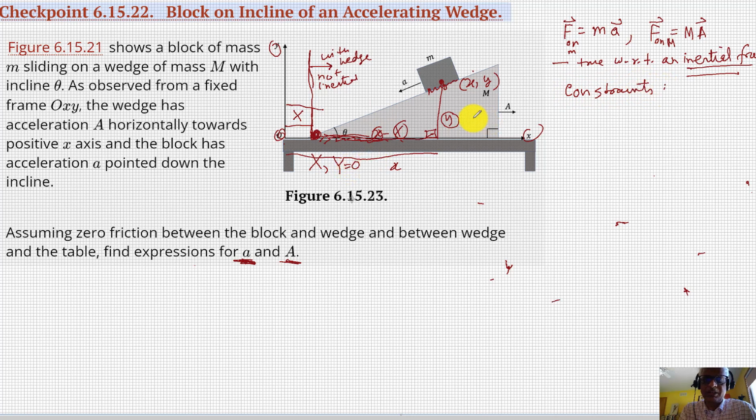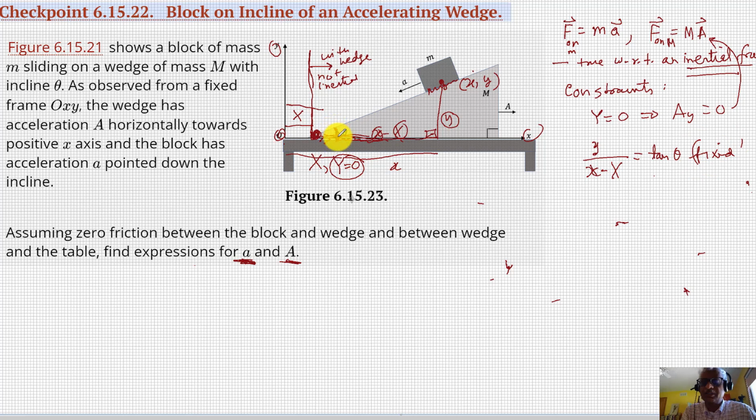So in this situation, we have a constraint. One of them is that the block doesn't come off the table, so this y is 0. That's easy, and that makes ay 0 in that equation. And the other one is y over little x minus capital X is tangent theta, which is fixed, because this is the wedge angle theta.